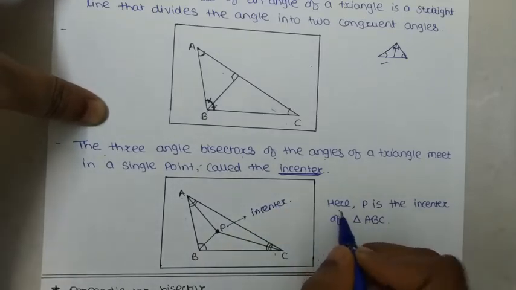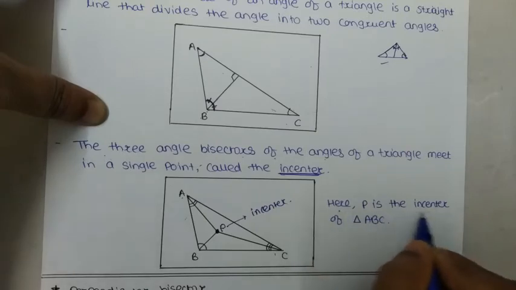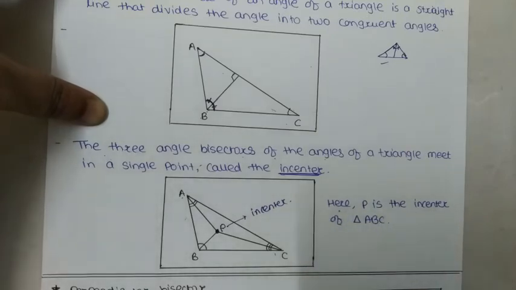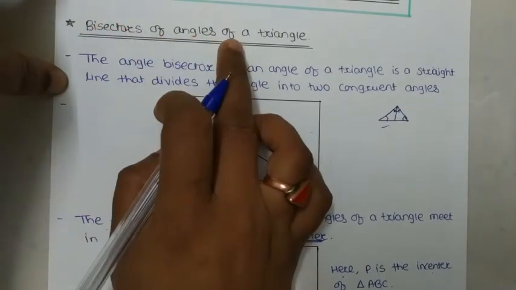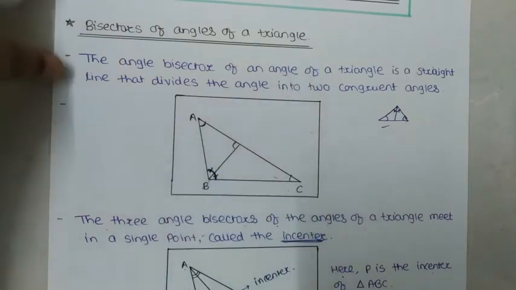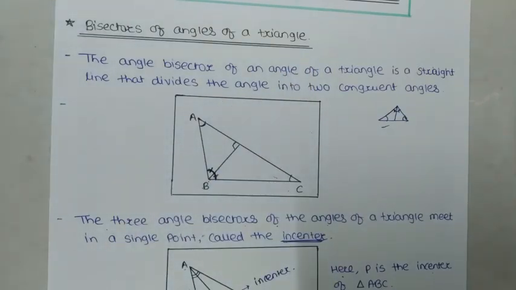So P is the incenter of triangle ABC. In the first point we discussed the bisector of an angle of a triangle, and when we draw the bisector of each angle, all the bisectors meet at a single point, called the incenter.